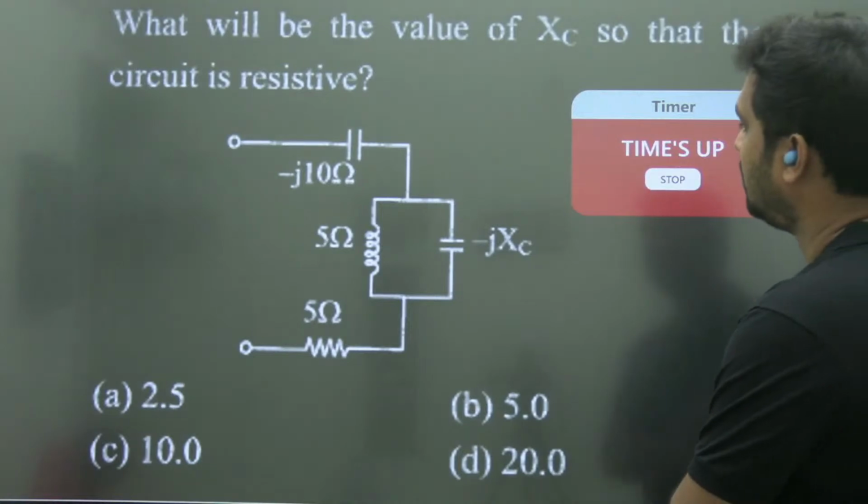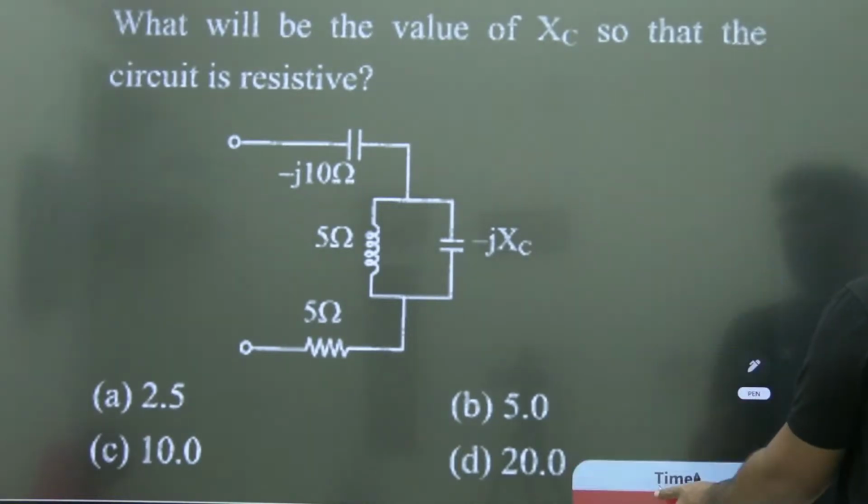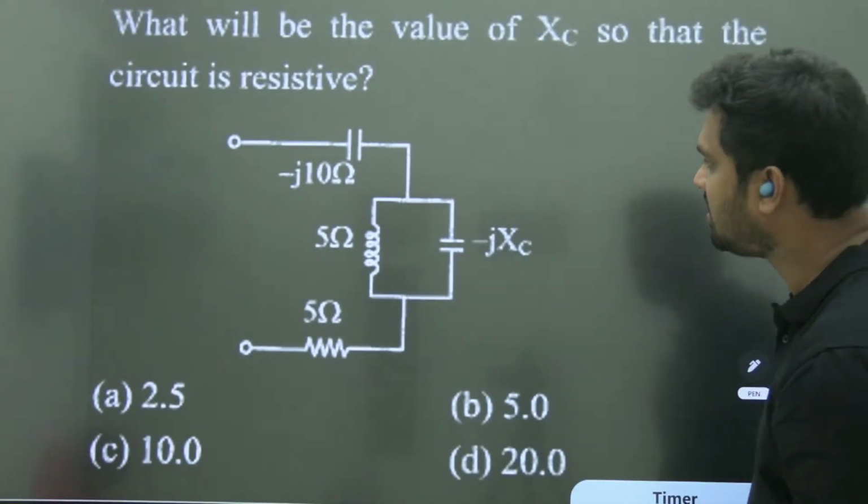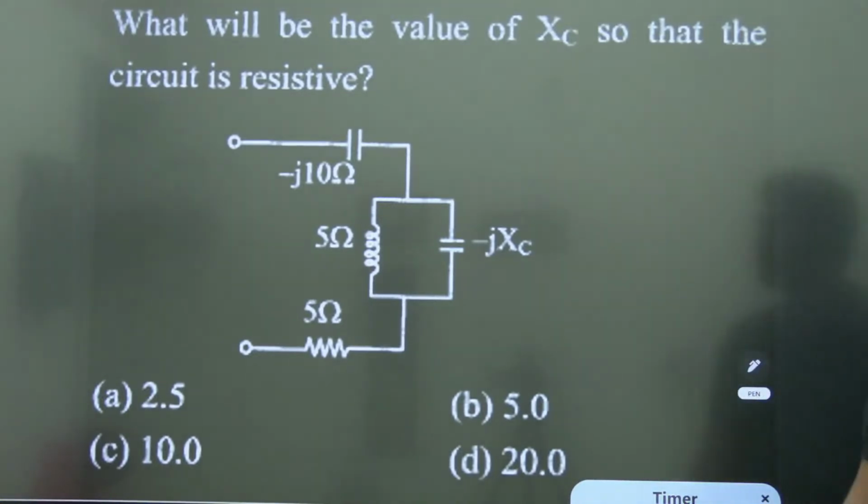Okay. So at resonance, what is the condition required? Don't say XL equal to XC. The imaginary part of the impedance or admittance must be equal to 0.